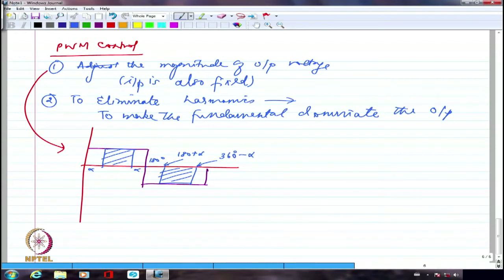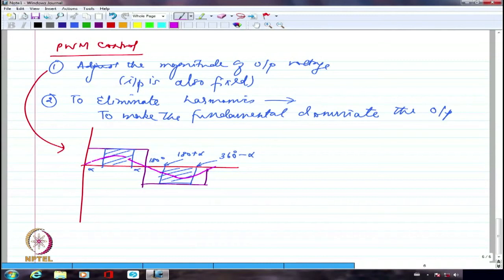So if I try to draw the fundamental corresponding to this, maybe I will have it somewhat like this, much less in terms of magnitude, agreed. But it will not be displaced from the original zero crossing of my square wave.